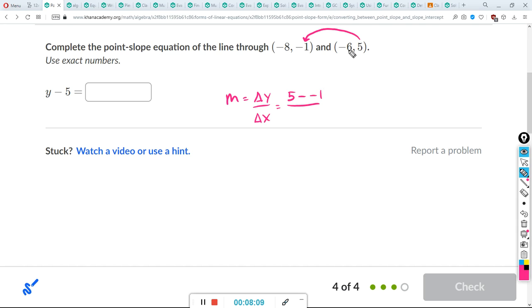For change in x, we look at the first number: negative 6 minus negative 8. 2 negatives in a row is positive. 5 plus 1 is 6. Negative 6 plus 8 is 2. Use the calculator if you can't do it in your head. And 6 over 2 is just 3.